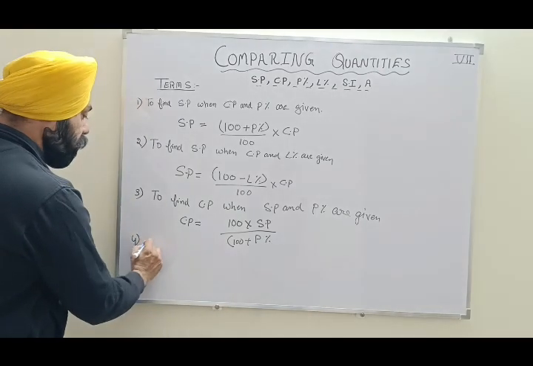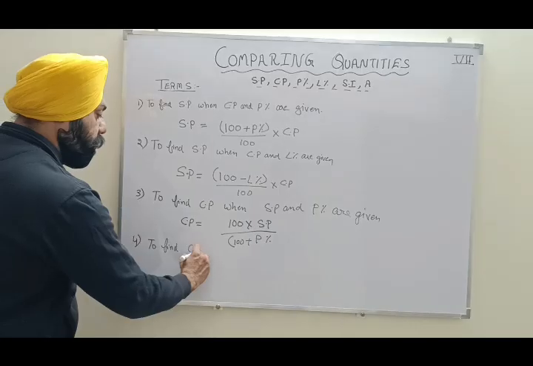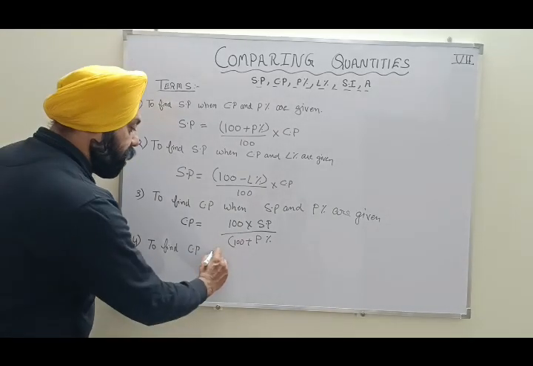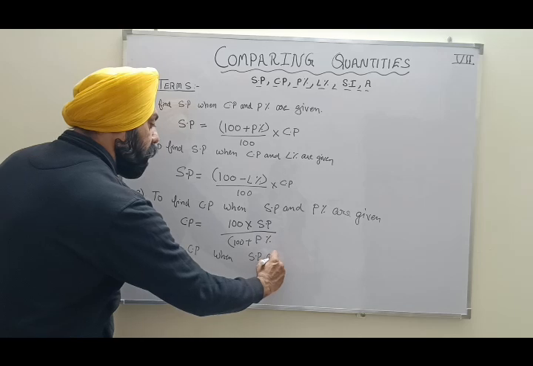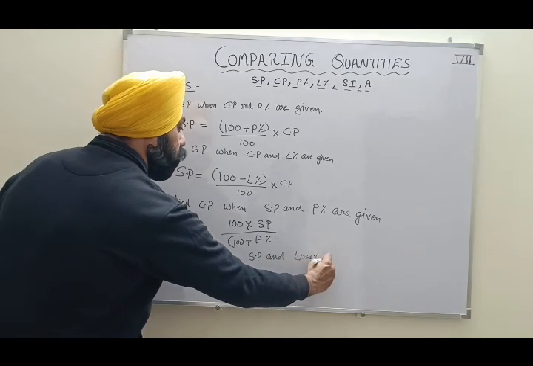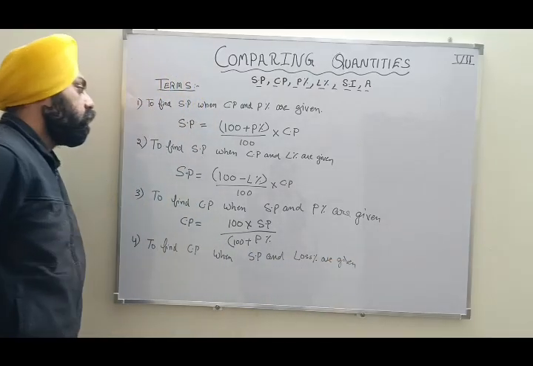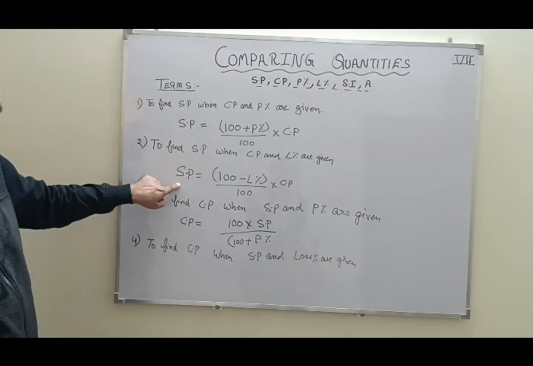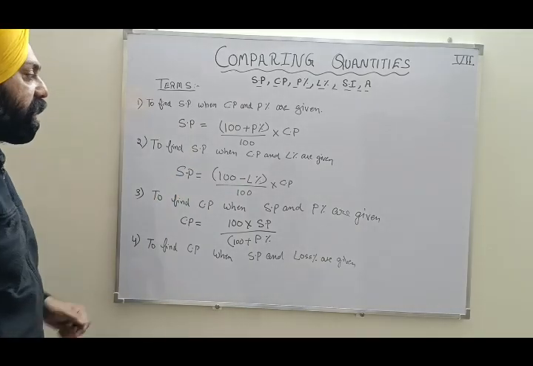Similarly, the last formula is to find CP again, when SP and loss percent are given. So we can use this formula. Again 100 and SP will get multiplied and this will get divided over here.